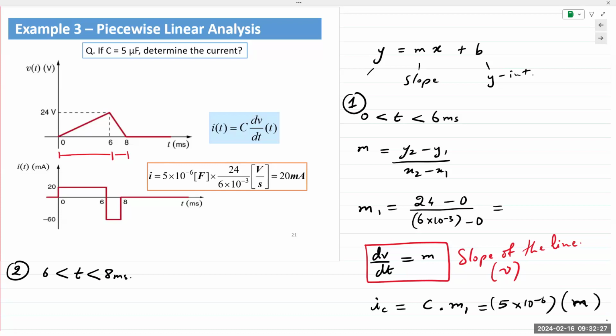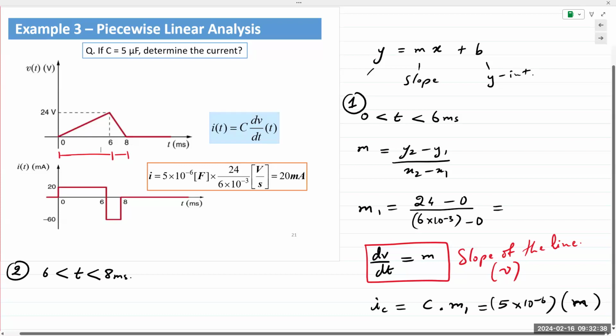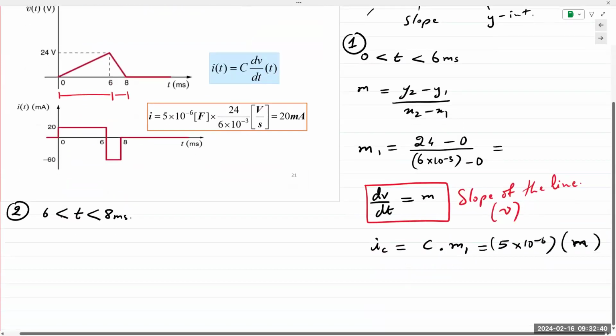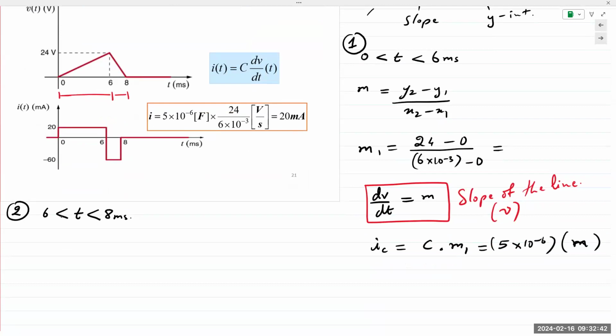Here, my value is going from 24 volts down to 0. So my input voltage is going from 24 to 0. So it's going in the opposite direction. And so now my slope, I'll call this M2.